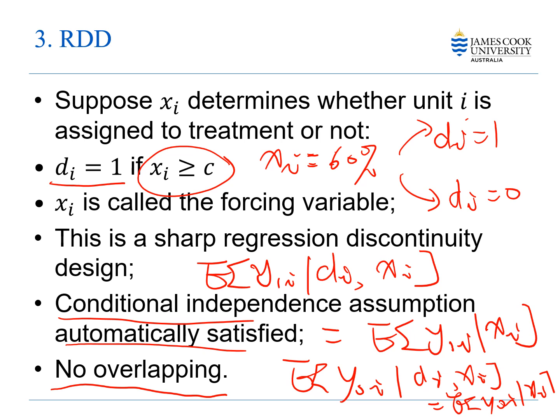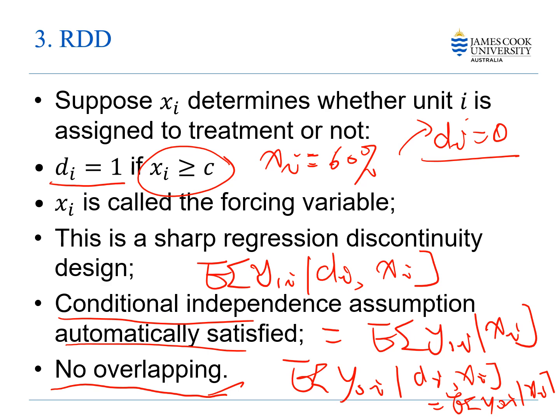If not, say if X_i, the midterm score, is 60%, according to our rules D_i will actually be 0. So we don't observe any actual outcome where D_i equals 1. That's what overlapping means. Given a value of X, we need some units with D_i equal to 1 and other units with D_i equal to 0. But in our regression discontinuity design, there's no overlapping.